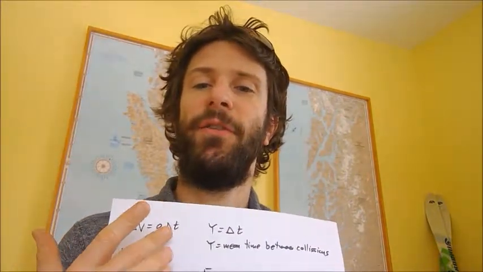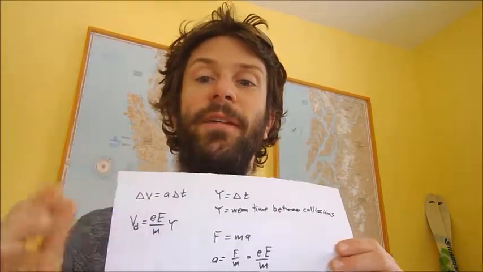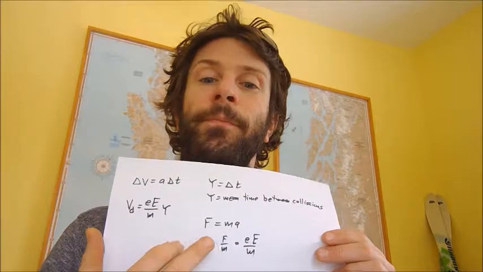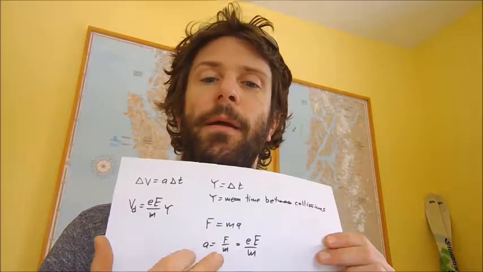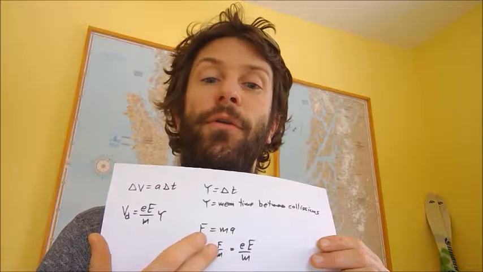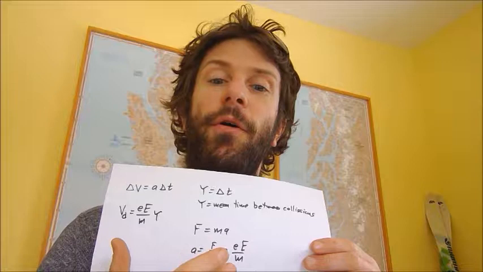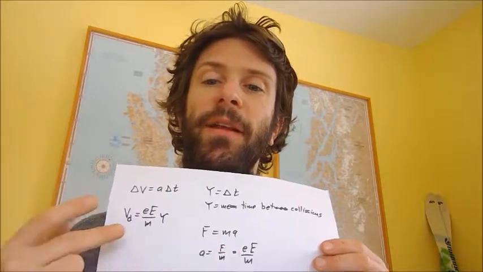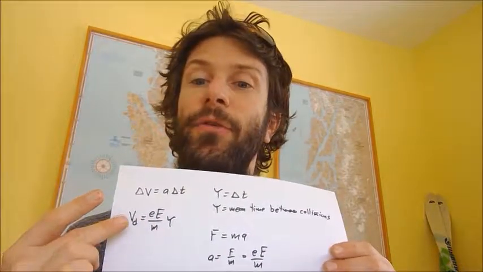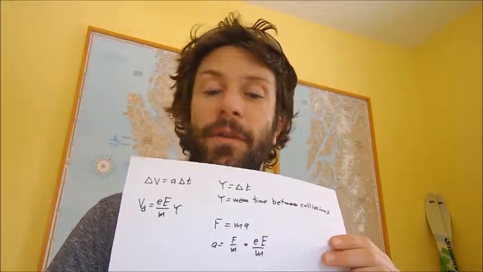This is kind of a common thing. So we replace delta T with tau, and we replace acceleration. What's the acceleration of these electrons? F equals ma. A equals F over m. But we know force is charge of the electron times electric field, over m, which would be mass of the electron. And that's where we get this formula for the drift velocity, which we'll use in the next example.